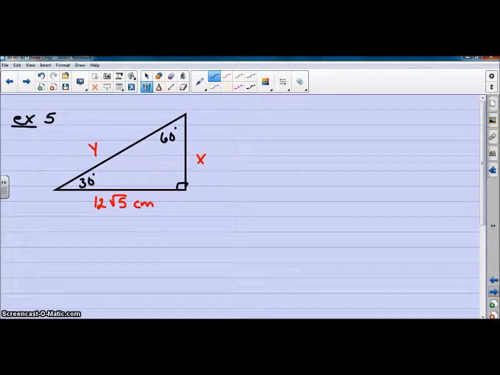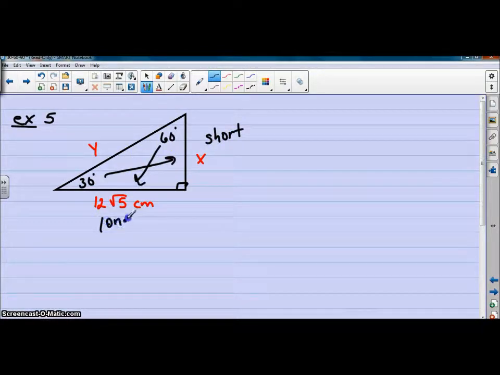Alright, in example 5, directly across from the 30 I have my short leg. Directly across from the 60 I have my long leg. And directly across from the 90 I have my hypotenuse. And my given information seems to be the long leg again.